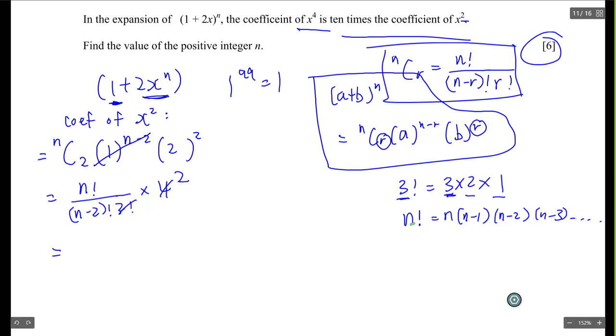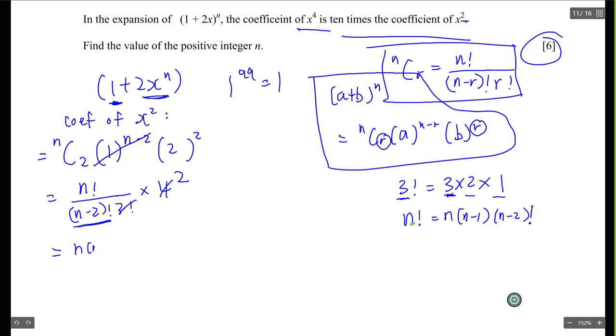Whenever you want to stop, you can add a factorial for it. You might ask me, should you stop at n minus 3? Not necessarily, you can stop at n minus 2, as long as you add a factorial at the back to stop it. Where should I stop? It very much depends on what I have at the bottom. I have at the denominator (n minus 2) factorial, right?